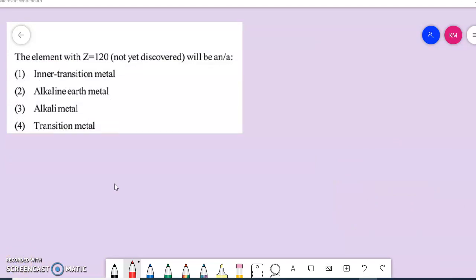The next question given here: the element with Z equal to 120, which is not yet discovered, of course, will be an what? It's a very interesting question. See, the inert gases I am writing: helium, neon, argon, krypton, xenon, radon. In future we might get some unknown inert gas.